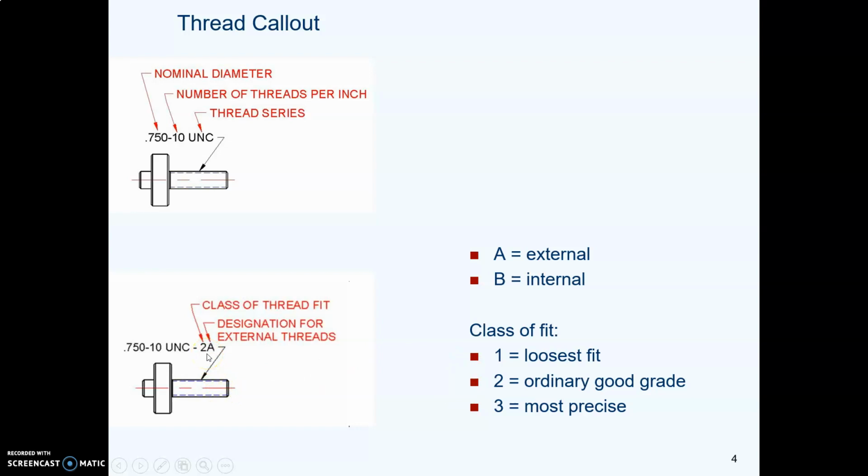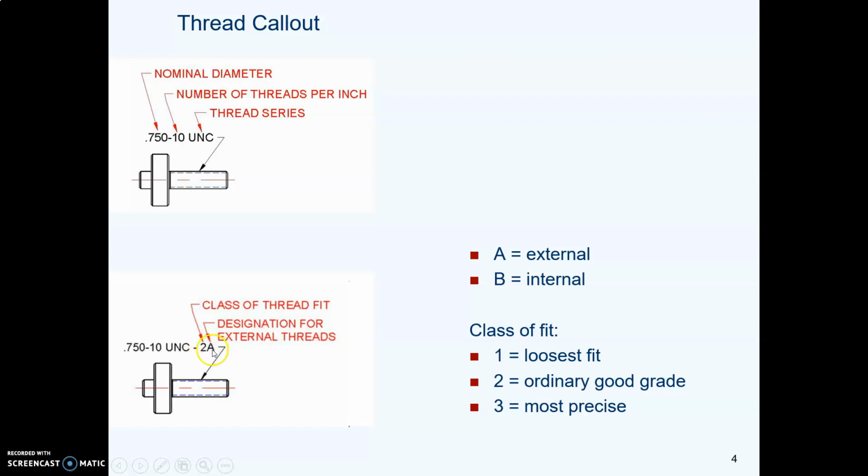If you have an ordinary bolt, like you probably use in your shop or you get from your parts house, that will be probably a class 2. So you'll say 3/4-10 space UNC, should be no space, -2 for the class of fit.